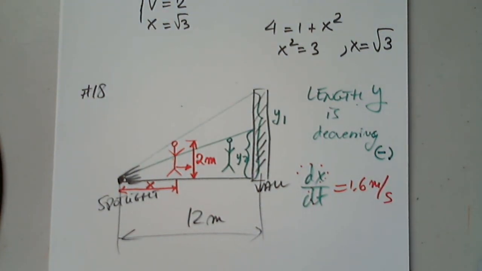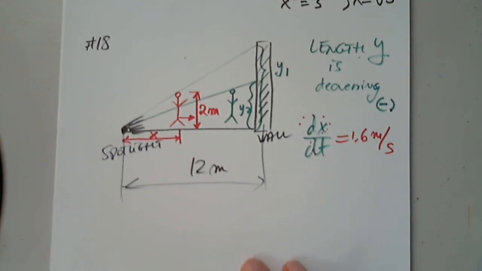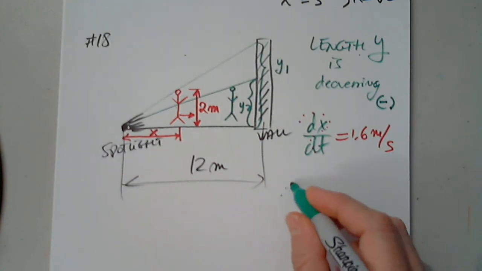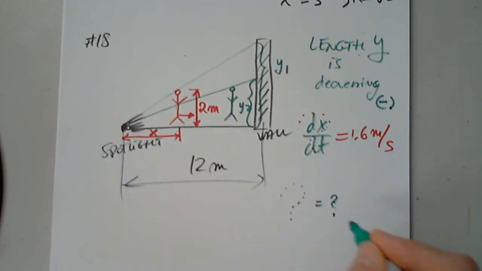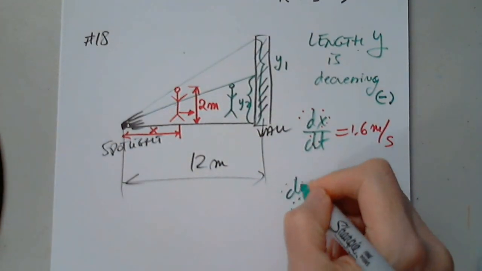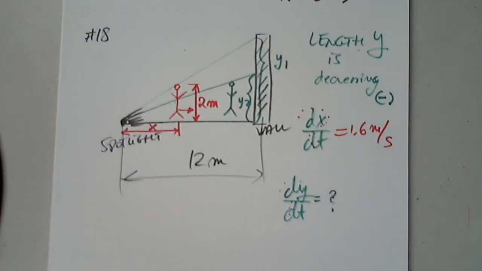So let's go back and read the whole thing again. So if a man has a speed of this, how fast is the length of his shadow on the building decreasing? Stop. What are we asked to determine? dy dt? Thank you very much. See, we're getting there. And now I'm going to read the trap.